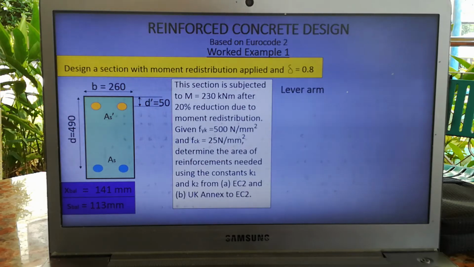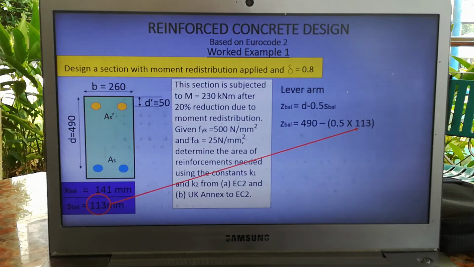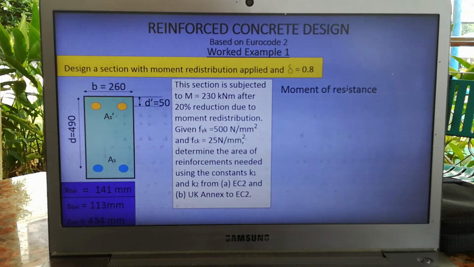We store the value at the bottom left and move on to calculate the lever arm. This is the equation of the lever arm. Plug in the numbers. 490 is the depth of the tension reinforcement. 113 is the depth of the stress block that we calculated earlier. The answer is 434 millimeters. Store it at the bottom left.